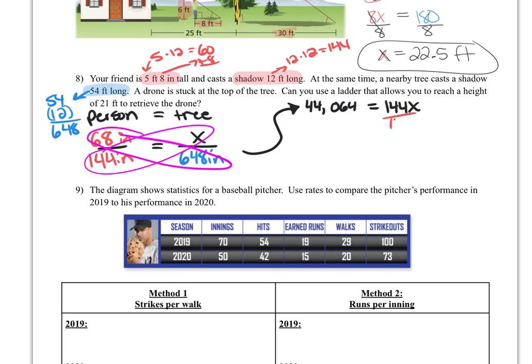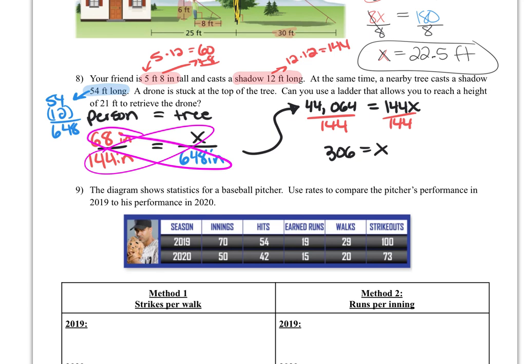Then what did we divide by? 144. And what do we get there? 306. Good. But that's in inches, right? Can we convert that back to feet? Yes, divide by 12. Remember, to get to inches, we multiply by 12. So to undo it, divide by 12. Excellent.